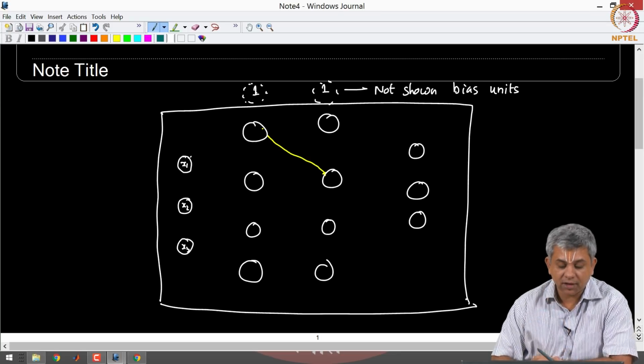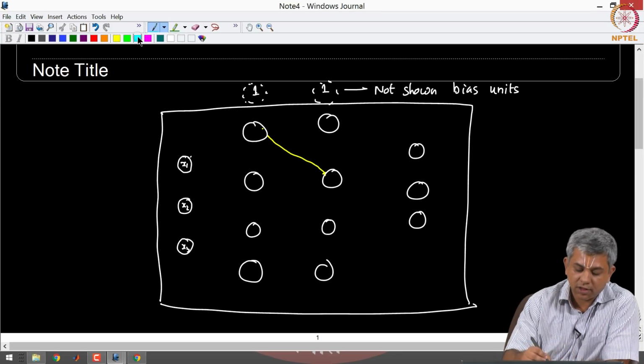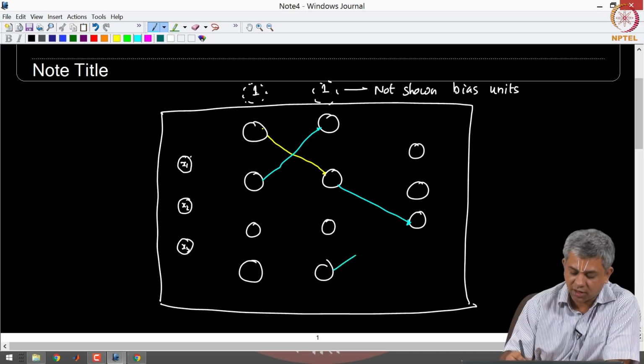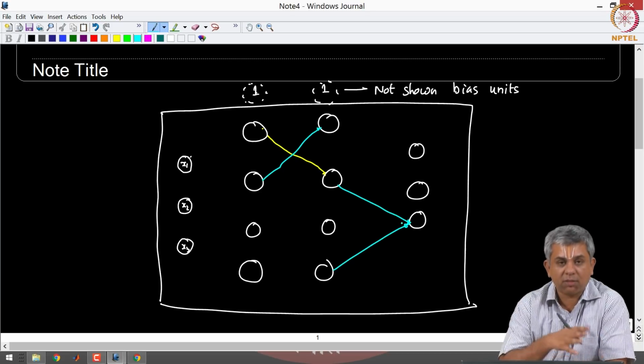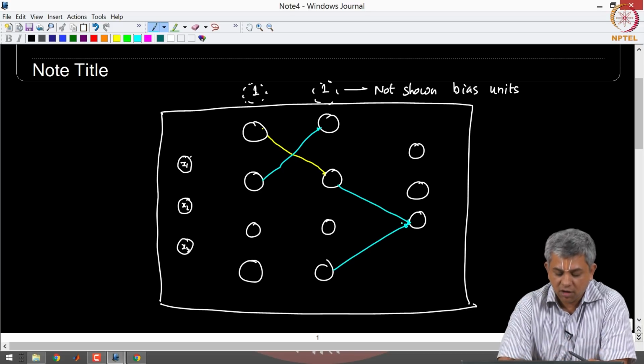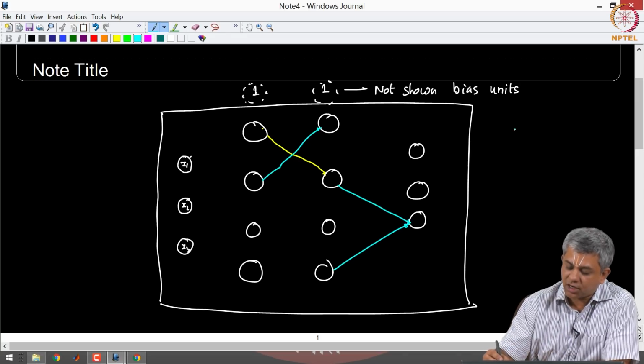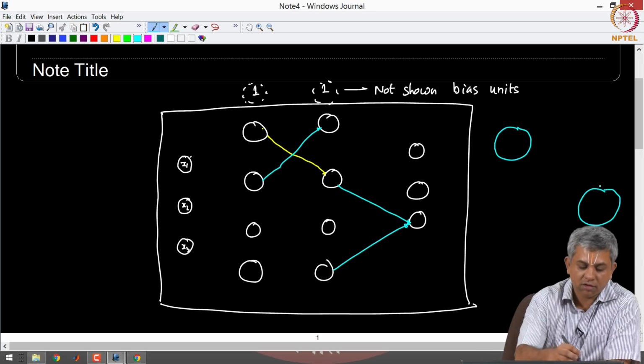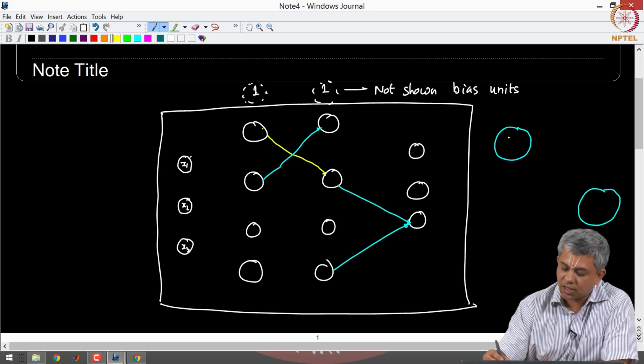Now, notice that other than this, every node is connected to every other node. Okay. So, for example, this is connected to this is connected to this, etc. I will not mess this up by drawing every single thing here. So, if I generally consider a node in one layer, let us call this AI.